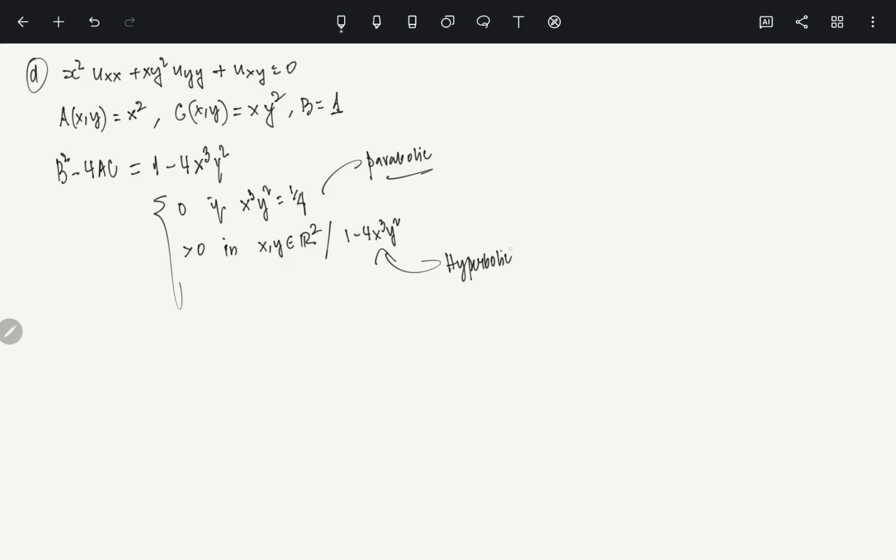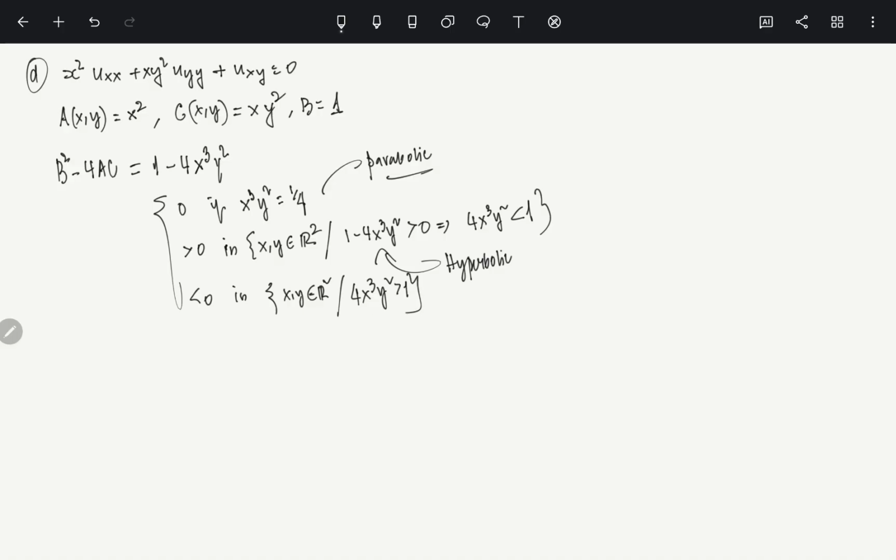This has to be positive. When it is positive, that means 4x cubed y squared should be less than 1 in that region. And it is negative for the region where xy in R2 is such that 4x cubed y squared is greater than 1, whatever that region is.